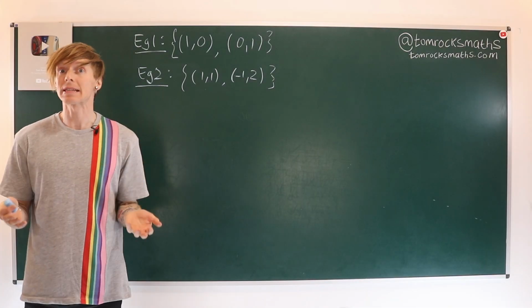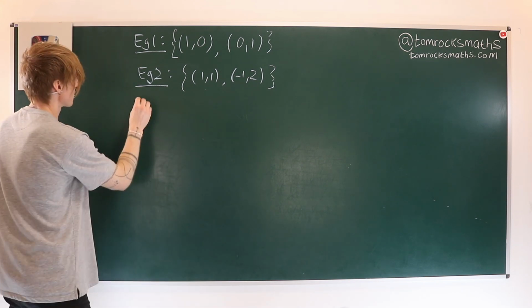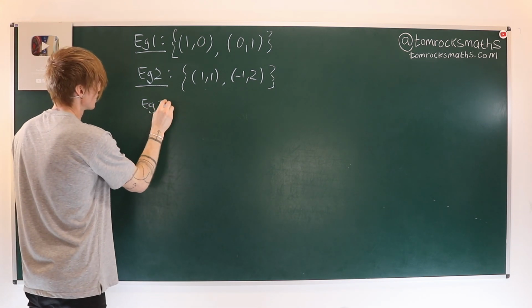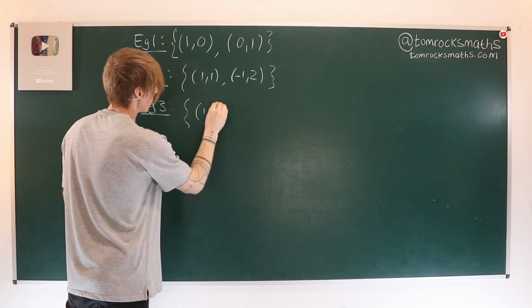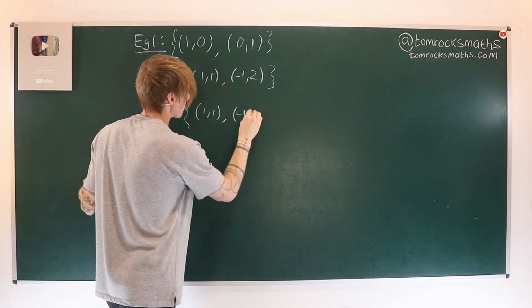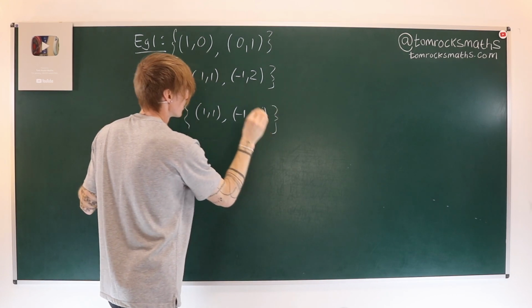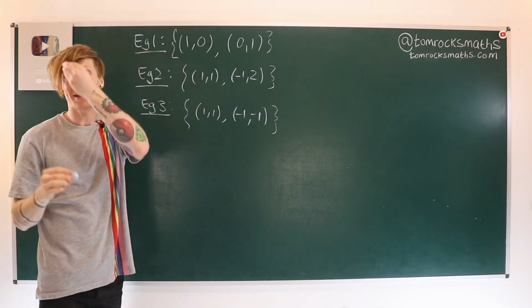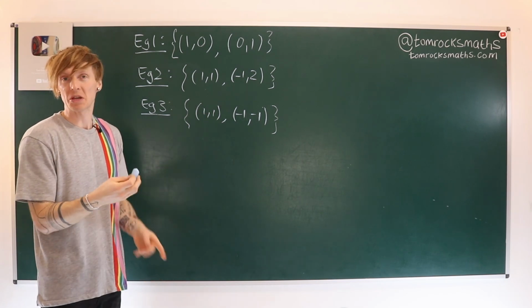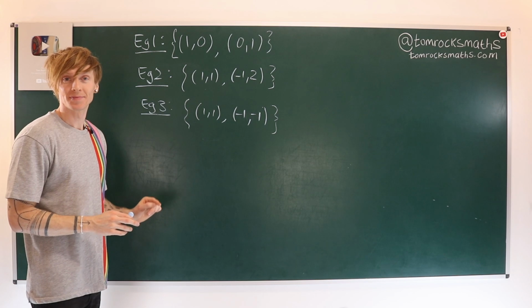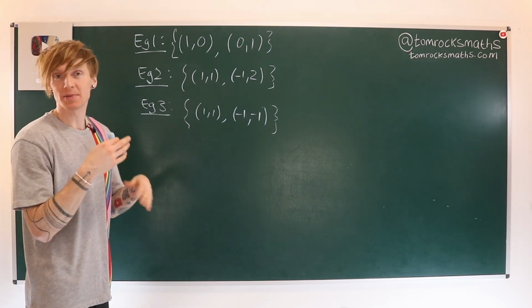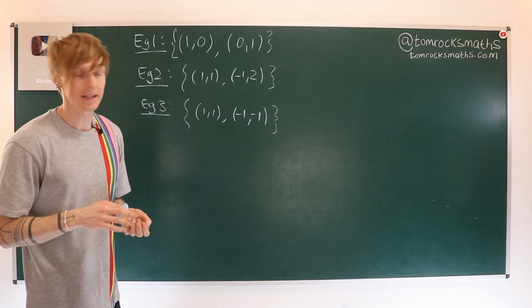Now for our third example, let's consider the set, again, containing 2 vectors, but now let's have 1, 1 and -1, -1. So we know that we have the correct dimension, we have 2 elements, so it suggests it might work. However, we need this, again, to be spanning and linearly independent.